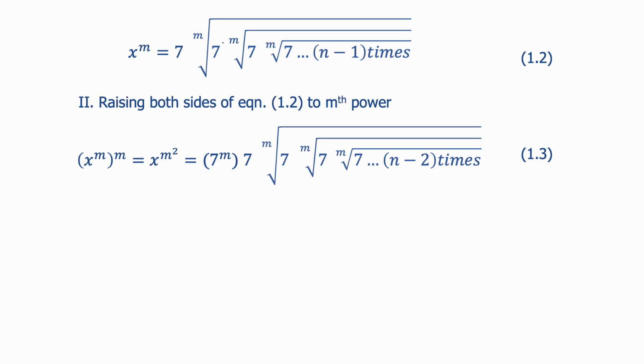Raising both sides of equation 1.2 to the mth power, we get equation 1.3, which is x to the power m, raised to the m, is equal to x to the power m square, which is equal to 7 to the power m multiplied by 7 multiplied by the mth root of 7 multiplied by the mth root of 7, and so on, repeated n minus 2 number of times.